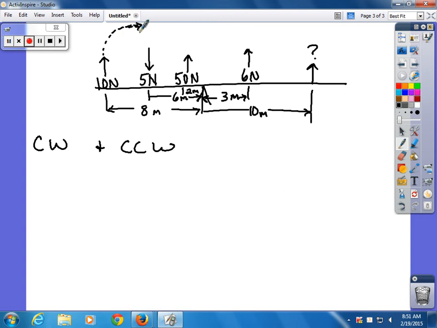Going clockwise, right? So on clockwise, that's going to be 10 times 8. Because what is work? Force times what? Distance. So 10 times 8 in the clockwise position.